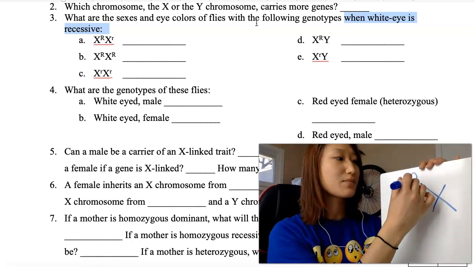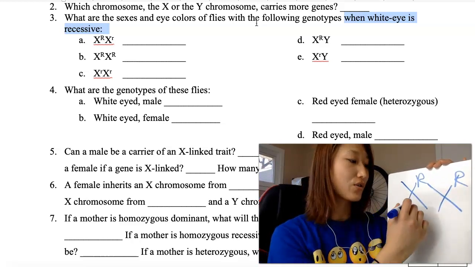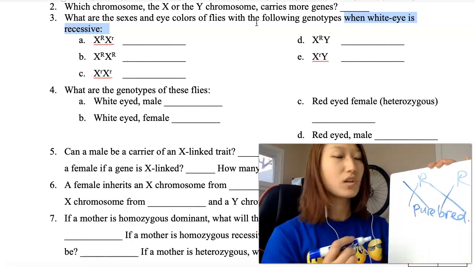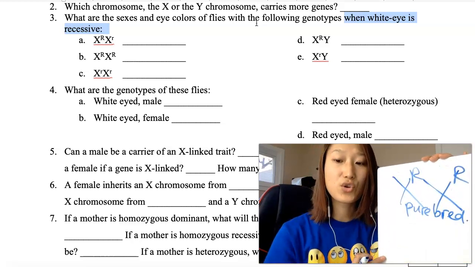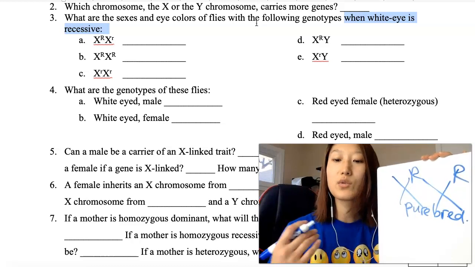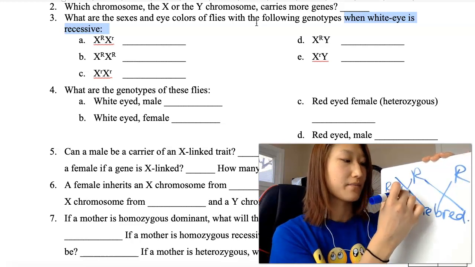You can have X big R X big R, that's your homozygous dominant, or you can also call it purebred, right? So if you carry two X chromosomes that both have the dominant allele, big R, you will definitely show the dominant trait. So in this case, that will be red eye.